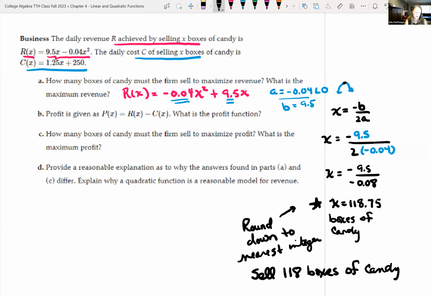So we want to now look at what is that maximum revenue. And so looking at the maximum revenue, selling 118 boxes, we want to go in and look at our revenue function, and wherever we see an x, we're going to plug in 118.